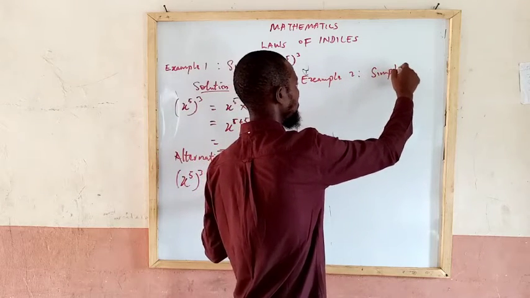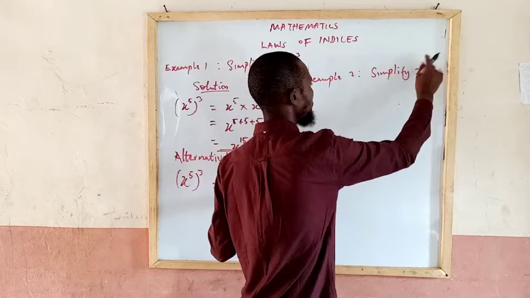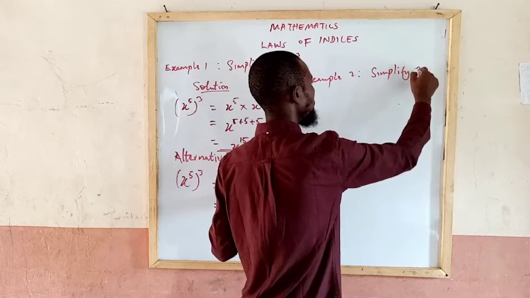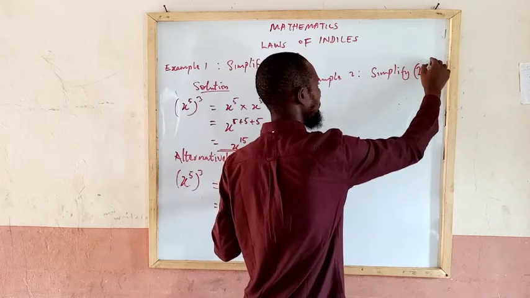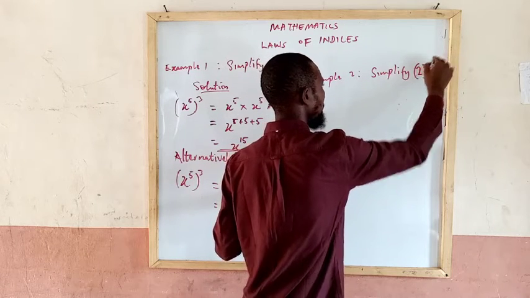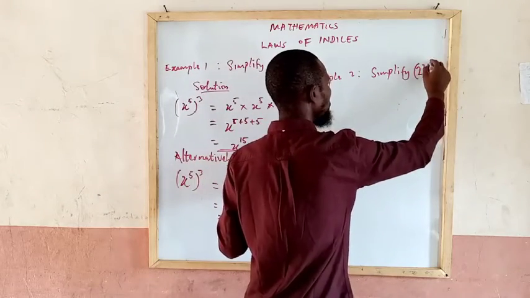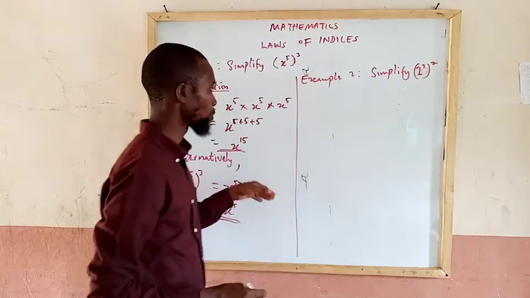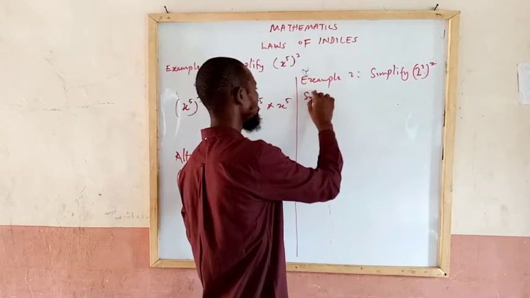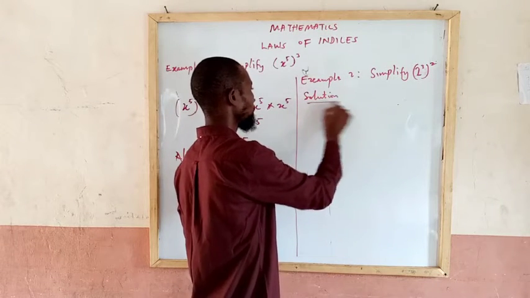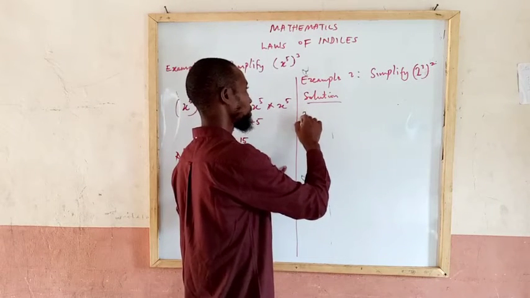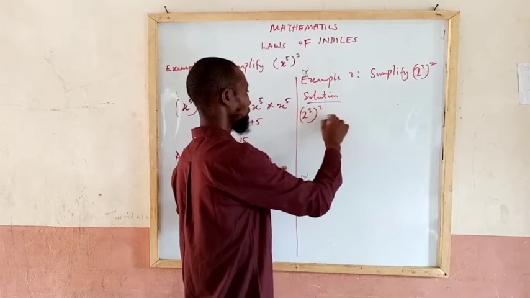There we are going to simplify 2 raised to the power 3 raised to the power 2. So this is what we are to do there. The solution aspect of it. We are going to say 2 raised to the power 3 raised to the power 2.